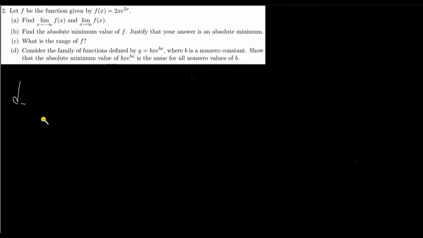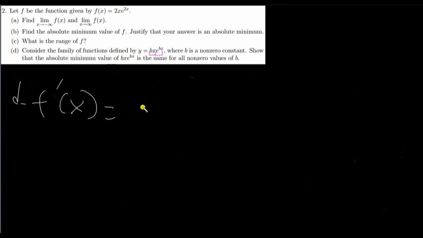So first, remember, absolute minimum means taking the derivative and setting it equal to 0. So we'll start with taking the derivative, f prime of x. Again, notice we have two parts here. We have bx, and we have e to the bx.